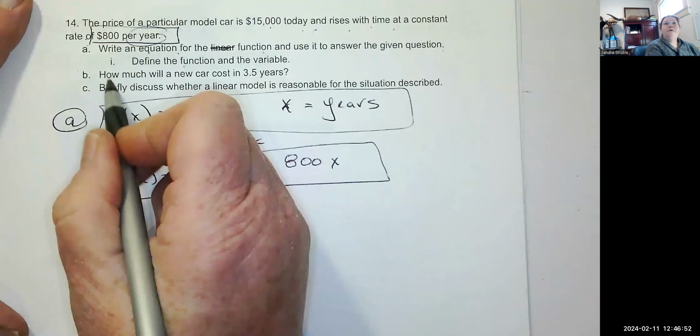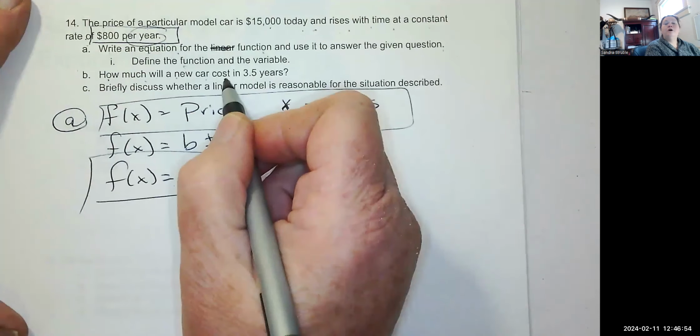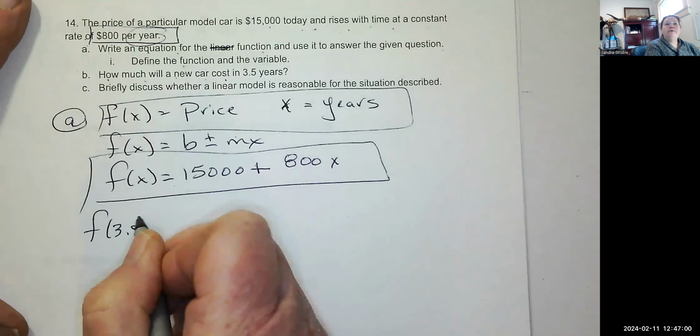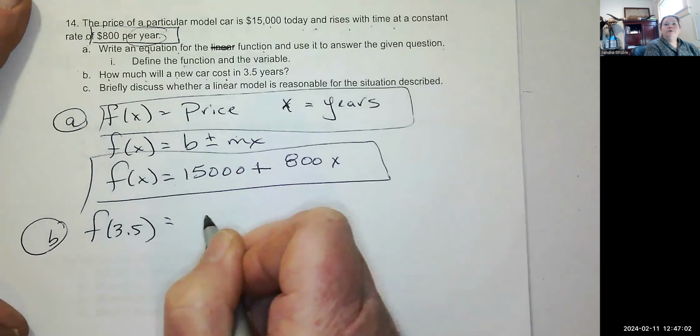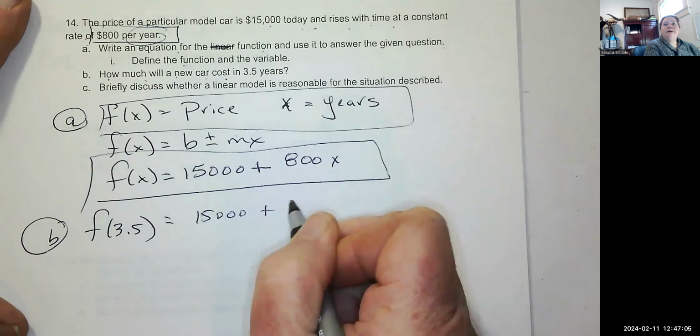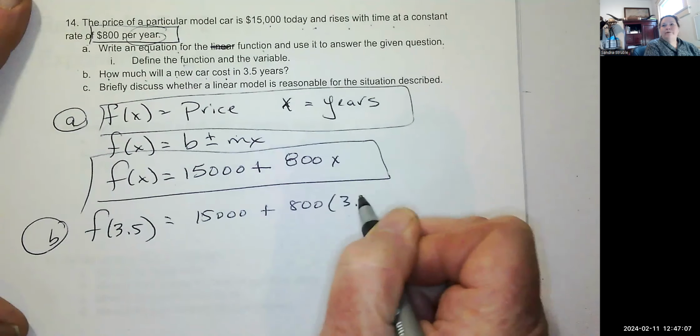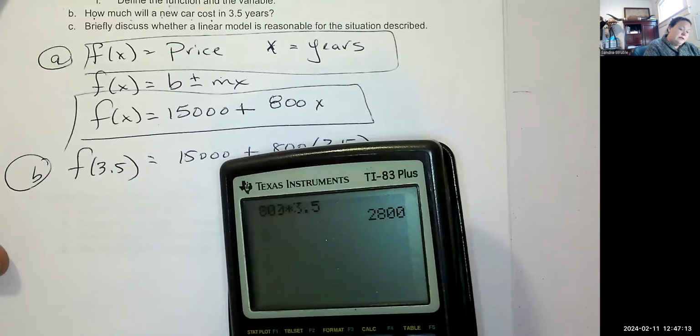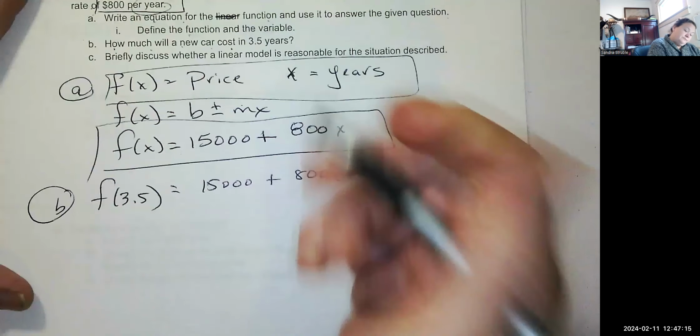Good. B, how much will a new car cost in 3.5 years? Well, years is x, so f of 3.5 is equal to 15,000 plus 800 times 3.5. 800 times 3.5 is going to increase by $2,800.